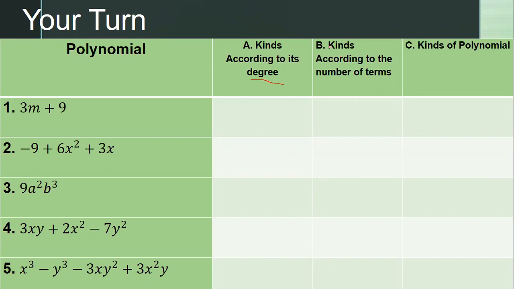Or the kinds according to the number of terms, whether it's monomial, binomial, trinomial, multinomial. So you will just combine the two kinds. For example, whether it is a quadratic trinomial or linear binomial. Let me pause the video.